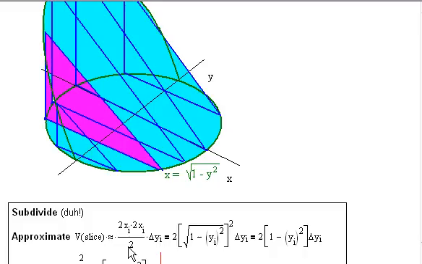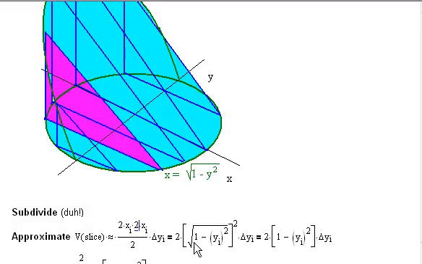So this 2 cancels with one of these, but we still have the other one. So we get that 2, the one that didn't cancel, times x_i times x_i, that's x_i squared, where x_i is the square root of 1 minus y squared. I must have this as a function of y because my delta is a y value, right? The delta is a certain small change in y, so I need to have y be my variable of choice.